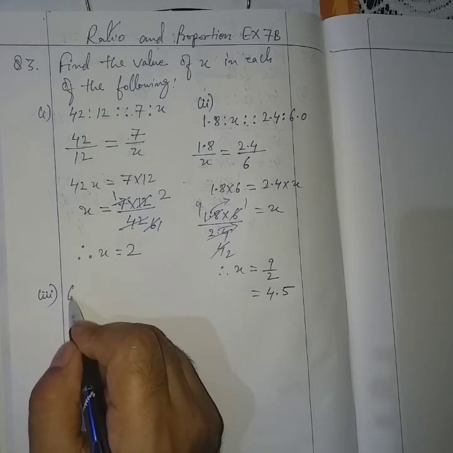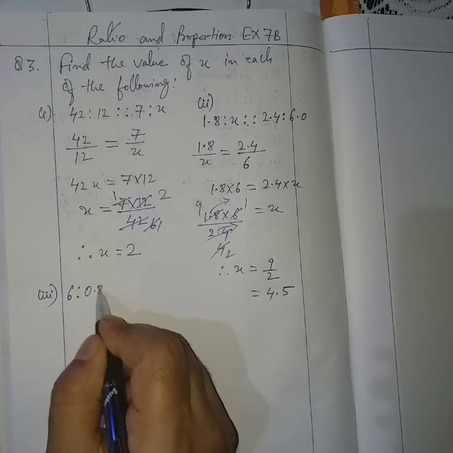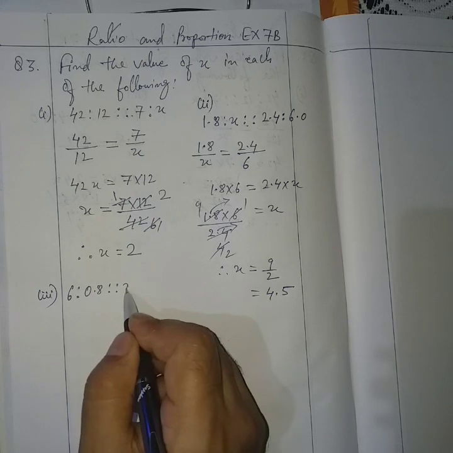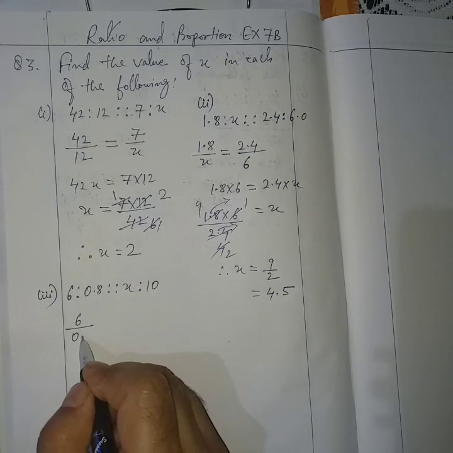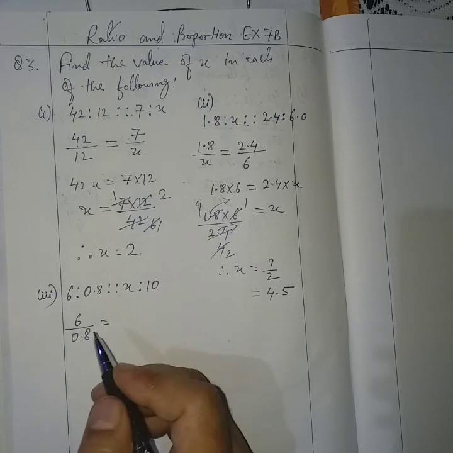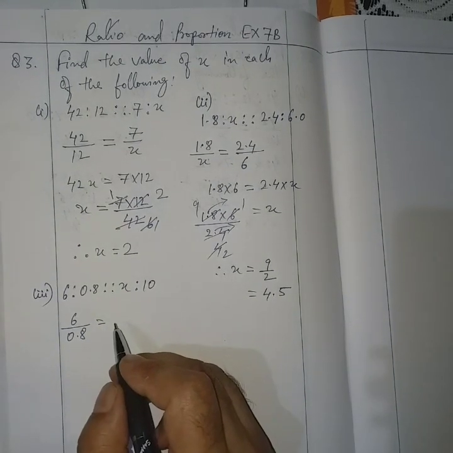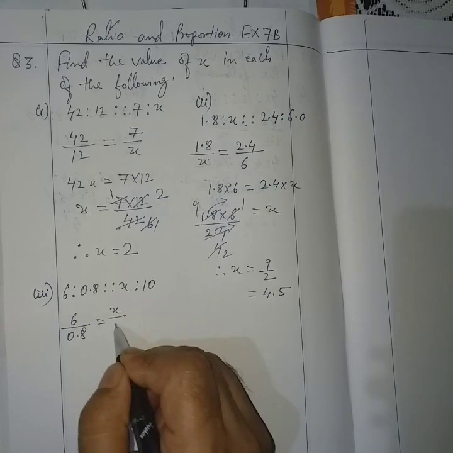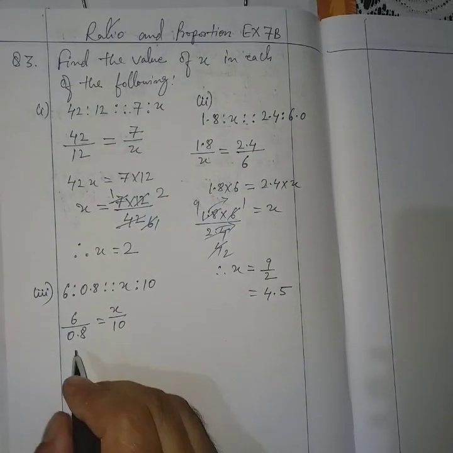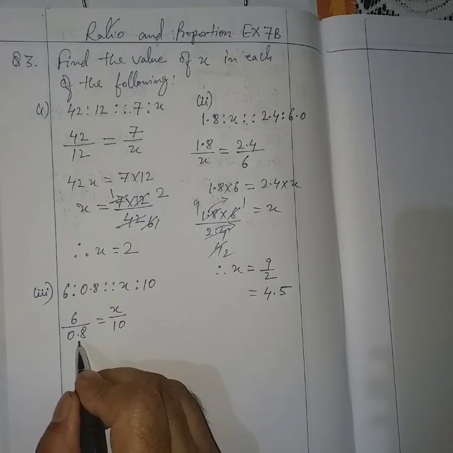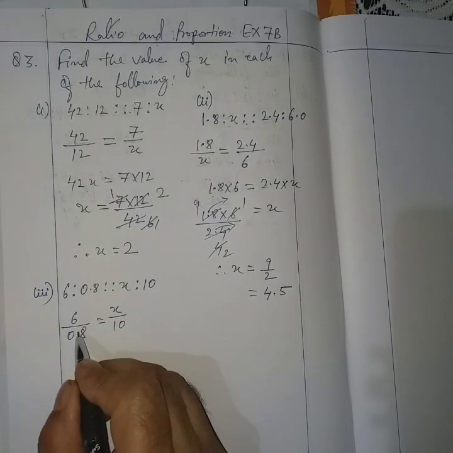Okay, now question number 3. 6 is to 0.8 is as x is to 10. 6 by 0.8 is equal to x by 10. We are looking for the value of x. So here this decimal will be removed.